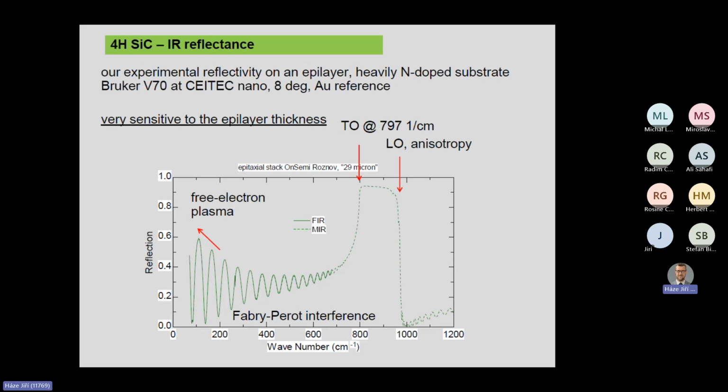It's called the Reststrahlen band because it's the light which remains in the reflected spectrum after the reflection. The other frequencies are suppressed here. And we have here a nice pattern of Fabry-Perot interferences due to the differences in the response of the films and substrate. It's seen well below the TO frequency and also above here for higher frequencies.